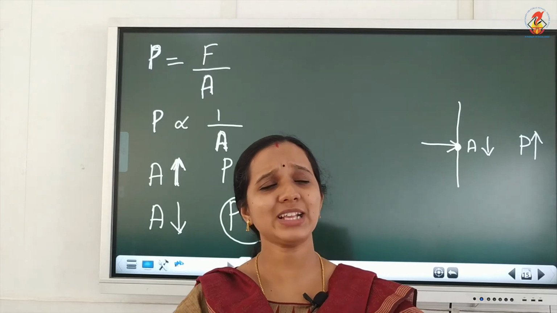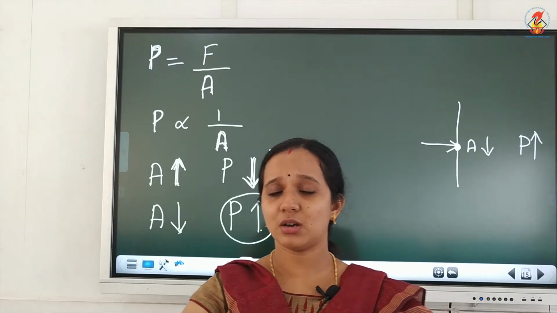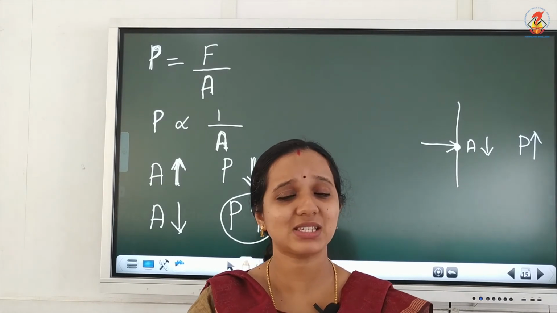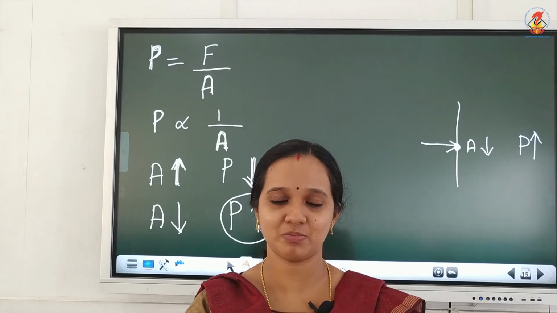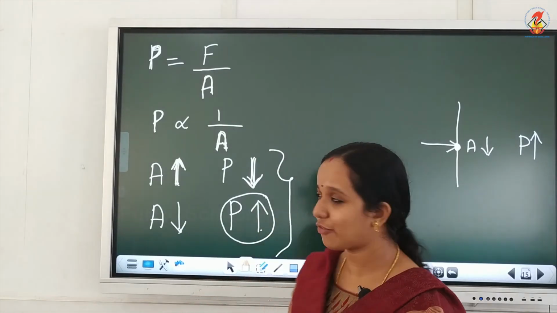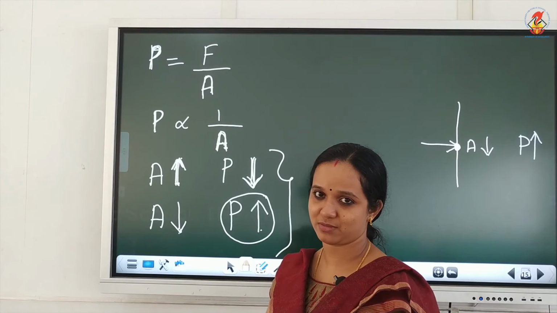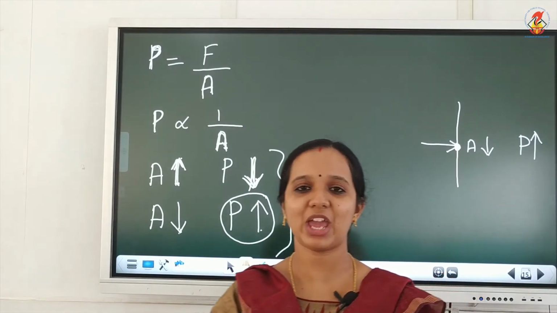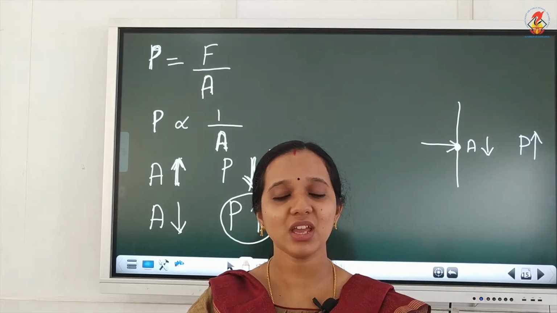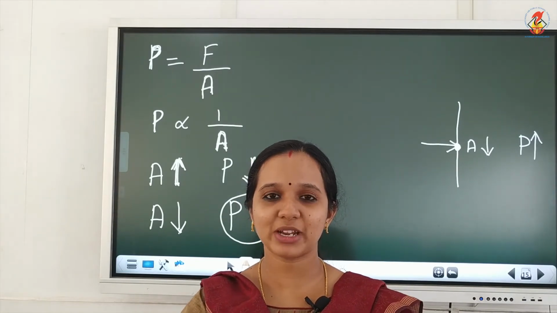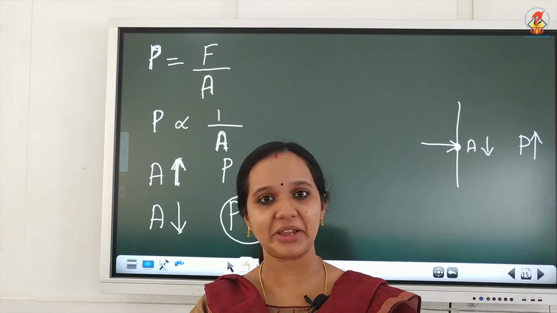Okay. Next example is big buildings have wide foundations. Big buildings have wide foundations, because a wide foundation means the area of contact is more, so pressure will be less. So, it will be able to withstand the heaviness of the building. Now, it will be clear why trucks have wide tires.